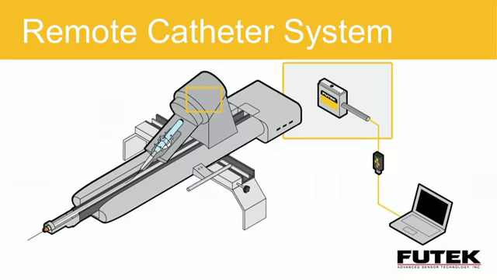In these applications, it's very important to be able to control the catheter as the surgeon inserts it into the patient. This process of controlling the direction and motion of the catheter is done by tension controls of control wires, and the force measuring those wires is done with our LSB 200.